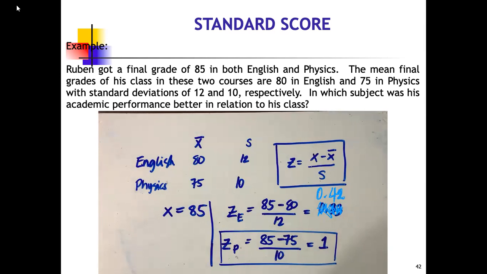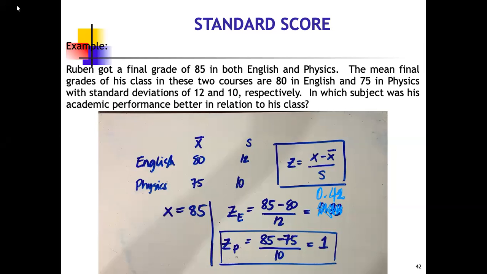I hope that is clear. Kindly don't forget the correction I made regarding the standard score of his grade in English, which is 0.42 standard deviations above the mean, as compared to his z-score in physics, which is 1 standard deviation above the mean.